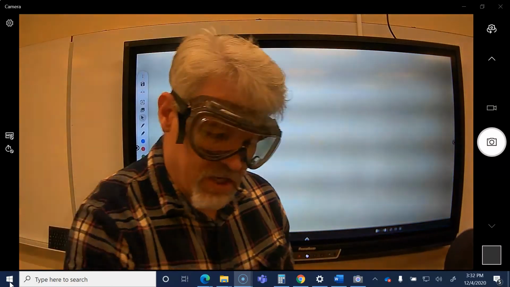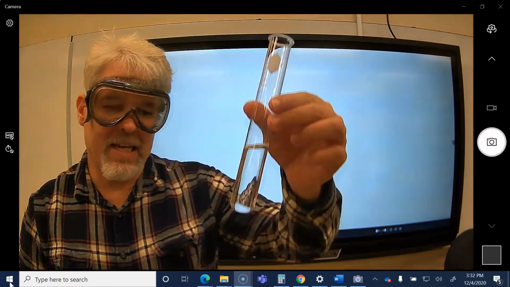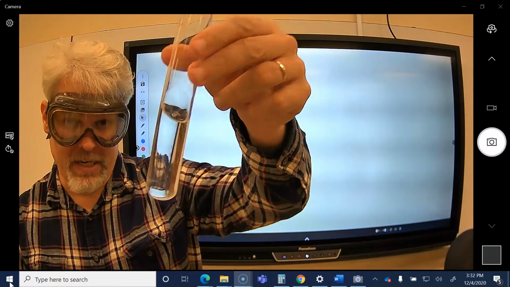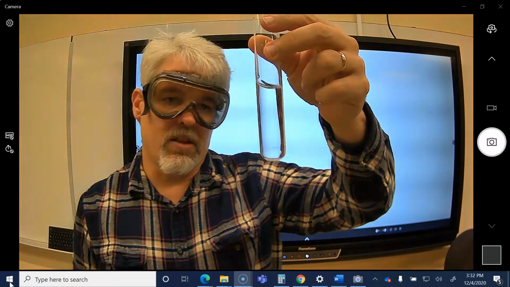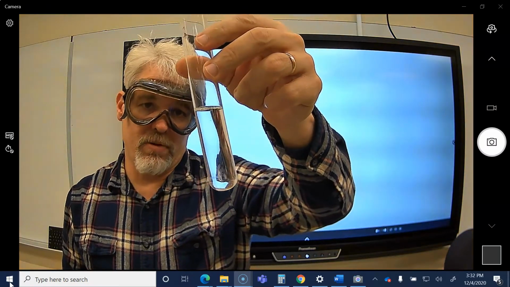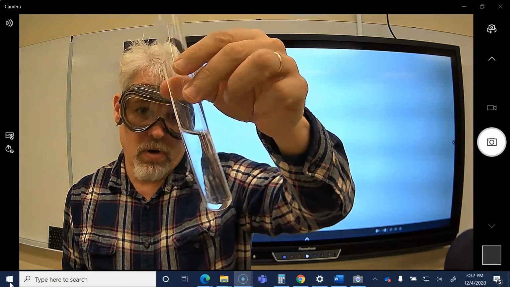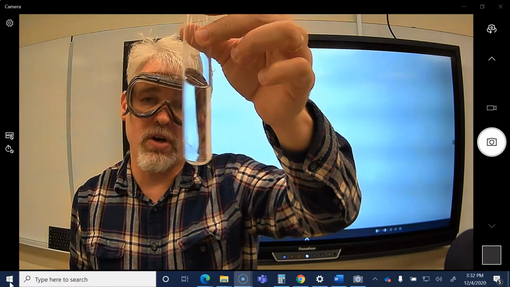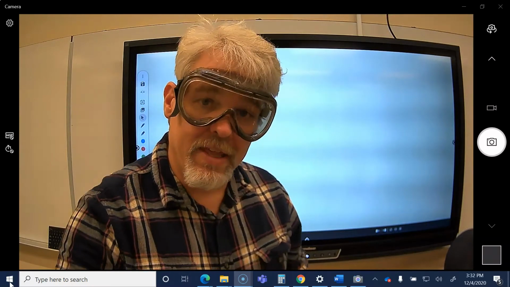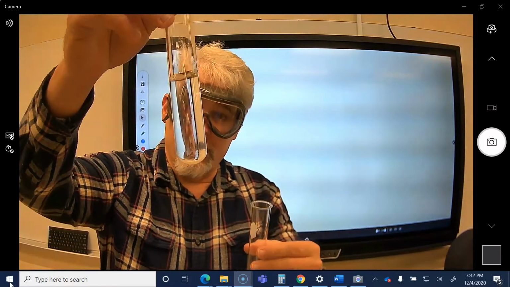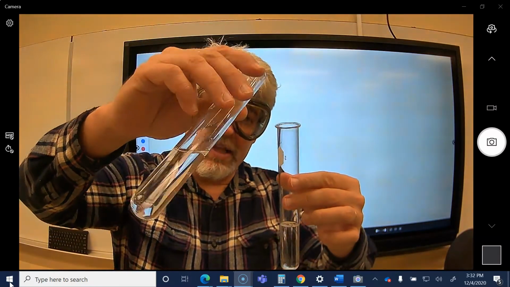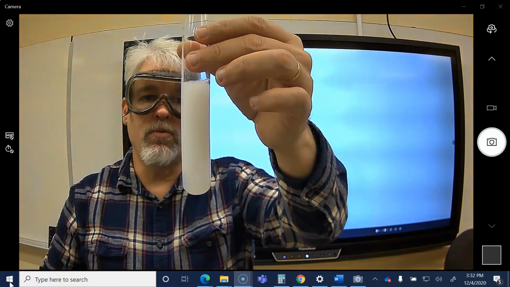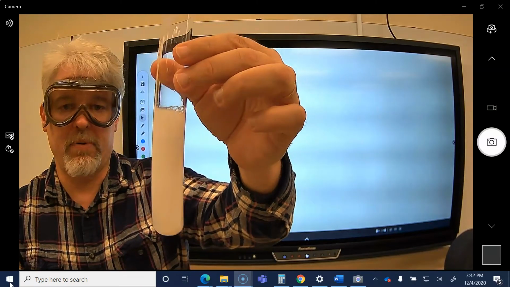So this tube, sorry, this tube has sodium oxalate in it. Oxalate is another ion, we'll write the formula in just a minute, that can be dissolved as a strong electrolyte when it's paired with a sodium ion. However, when the calcium hits it, remember this is calcium chloride, so when the calcium ions hit it, again, we see that milky white precipitate.